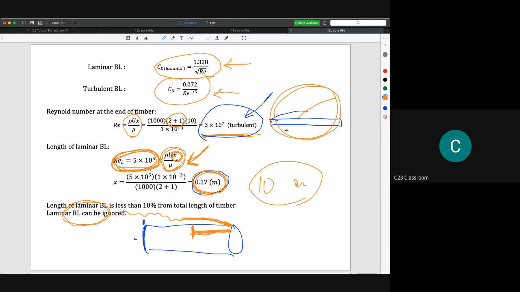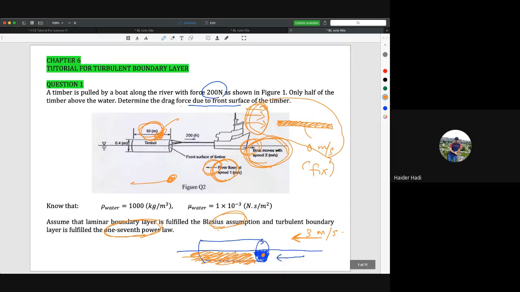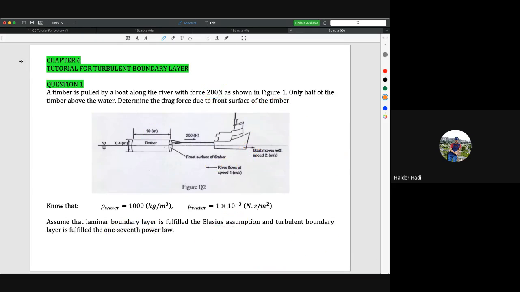Yes, doctor. Okay, so second question. If we have a similar case, but the object moves not in the same direction as the fluid. I am asking about the velocity. Why is the relative velocity two? And why does it become three? No, doctor. In this case, the object moves in the opposite direction of the fluid. I'm asking if the object moves in the same direction.